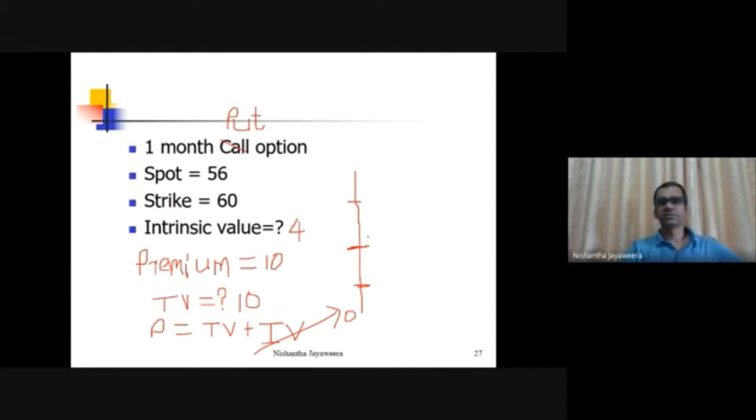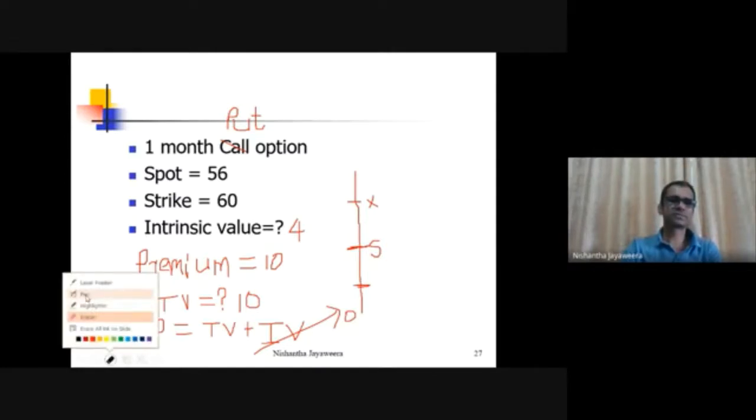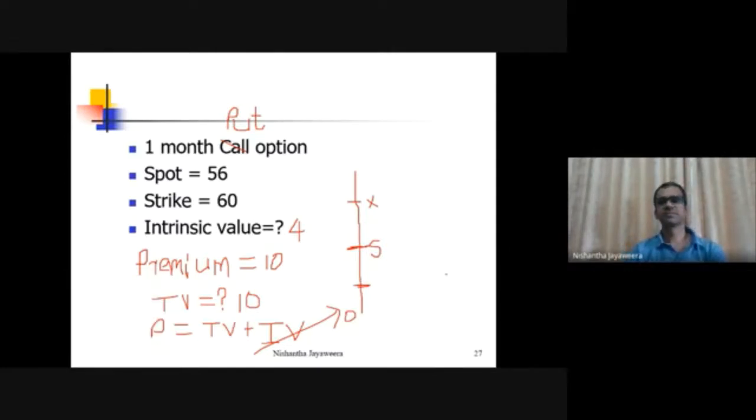In a put option, you exercise your right when the spot price is lower than the strike price. That means in a put option, what is the right that you get? Right to sell.